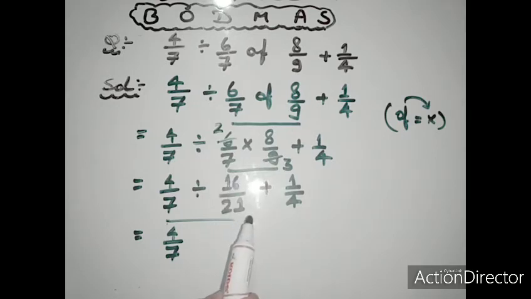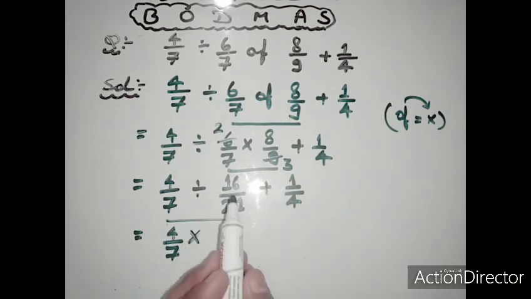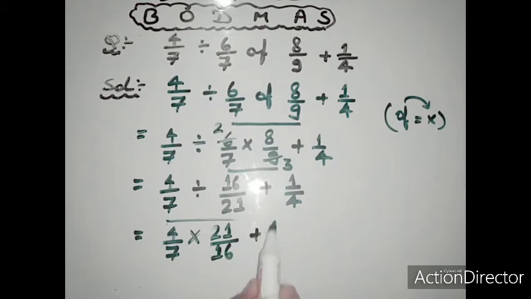And what is the reciprocal of the second number or fraction number? Here the numerator changes into denominator and the denominator changes into numerator, and the divide symbol changes into multiplication. So now 21 is the denominator here, this 21 changes into numerator and this 16 changes into denominator. Now we write the other number as it is here, right?